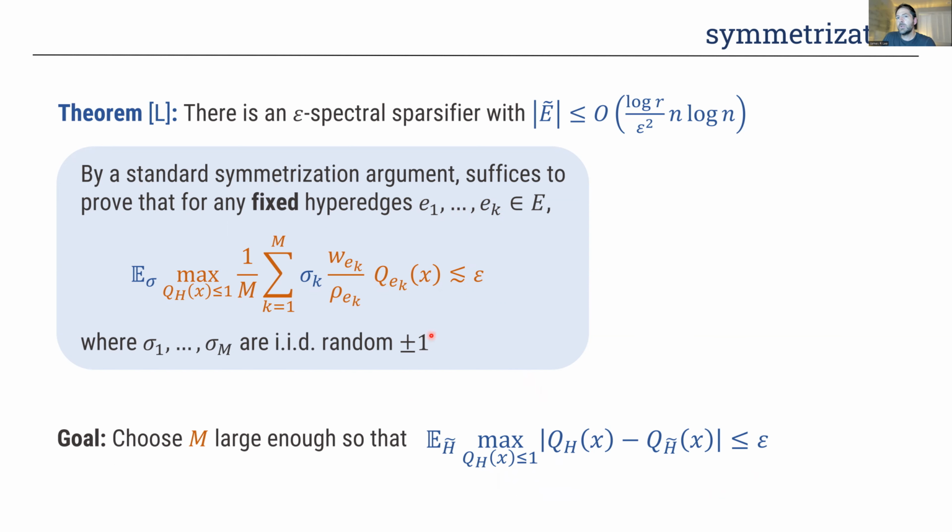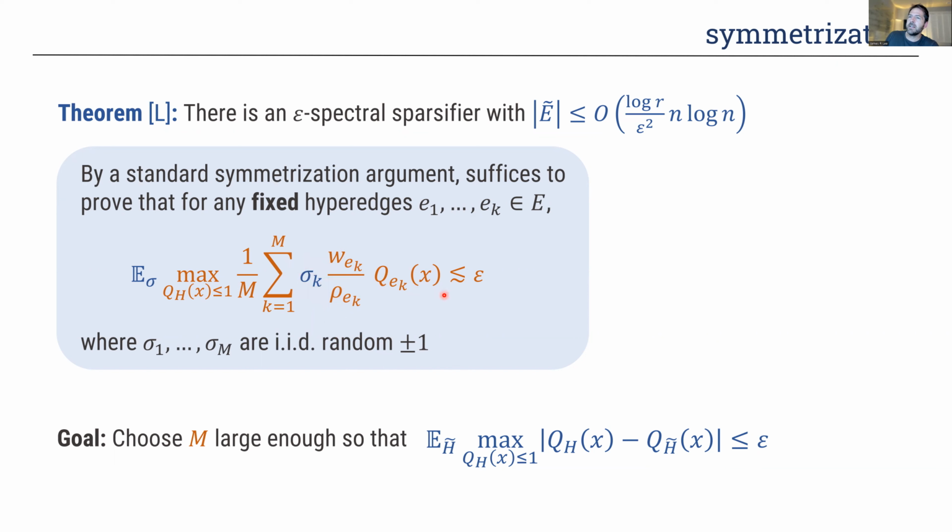And so at least intuitively, it suffices to bound the maximum contribution that the inclusion or exclusion of a single edge can make to this maximum. You can think about these random signs as representing, I mean, it's a global notion of influence, but it's measuring the deviation of this quantity as we vary these signs.